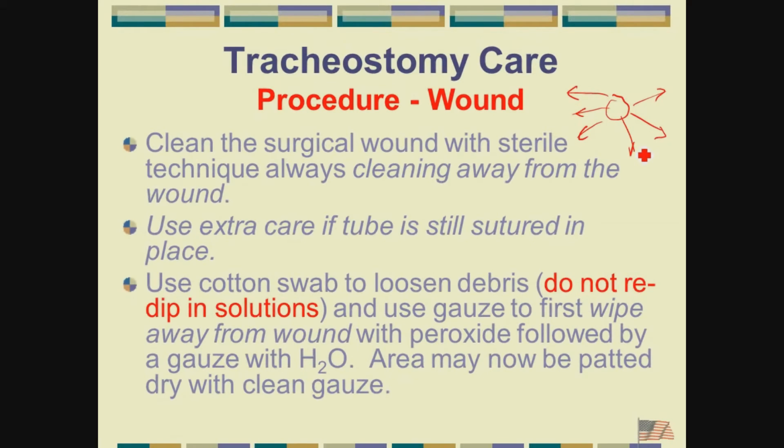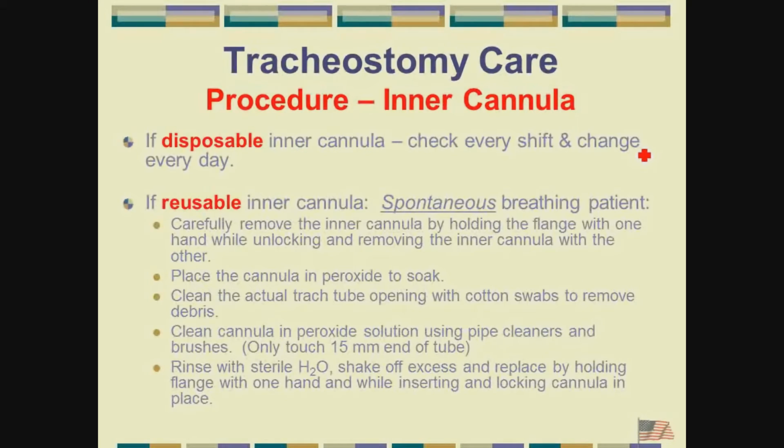Using the cotton swab and the gauze with peroxide will help to clear some of that debris away. Then follow that up with a swab with water, so that you're not leaving the peroxide on the skin, because that can be a little bit irritating, as you know. And then just dry it off with a clean gauze.